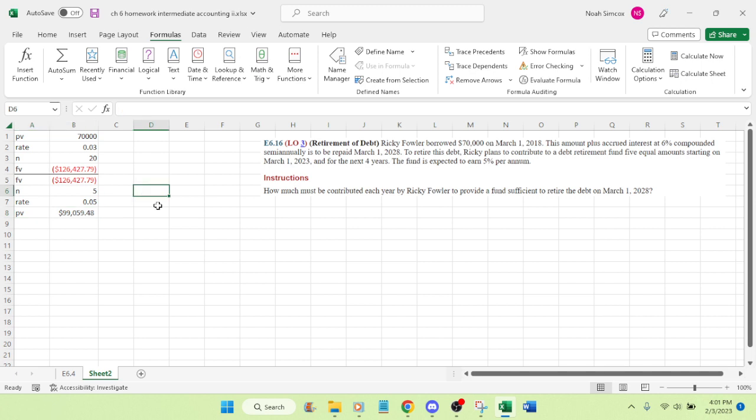I think that all we needed to do is figure out how many payments you need to get up to 126,427. I don't think the present value is relevant, because the present value of your debt retirement fund is 0. So never mind. This was stupid. Great payment. The present value is 0 because it's a debt retirement fund. It's different from the other thing.